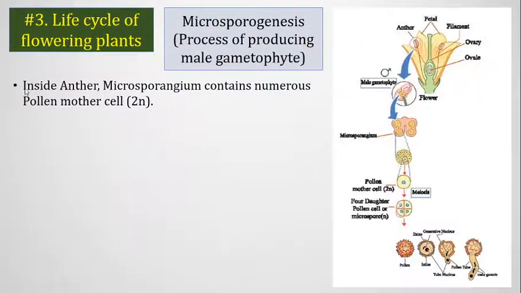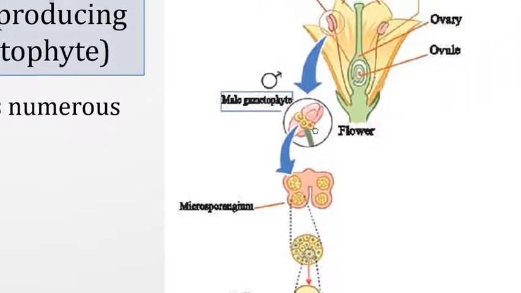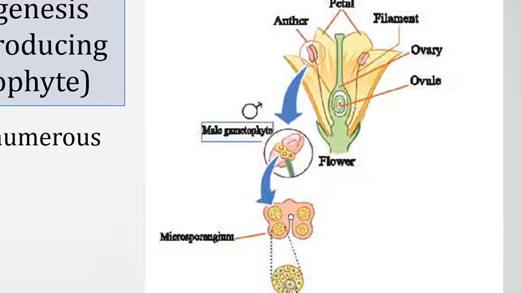Inside the anther there is a colony of cells called the microsporangium that contains numerous pollen mother cells that are diploid, 2n. When we take an anther and make a cross section of it, we find some colonies of cells. Each of these colonies is called a microsporangium.